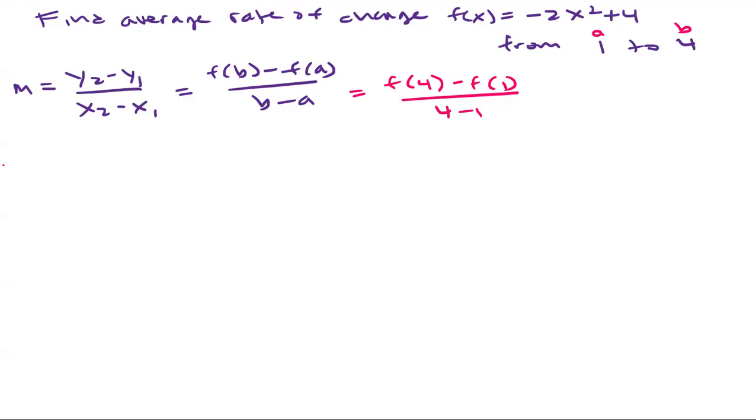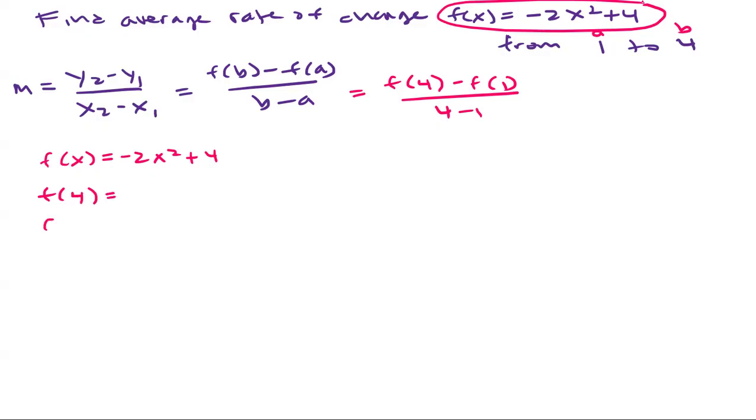So now I need to find what is f of 4 and what is f of 1. Well, I have my function right here. I need to use that information to find out what is f of 4 and what is f of 1. So we're going to have f of x is equal to negative 2x squared plus 4, and we're going to plug in f of 4, and then we're going to plug in f of 1.